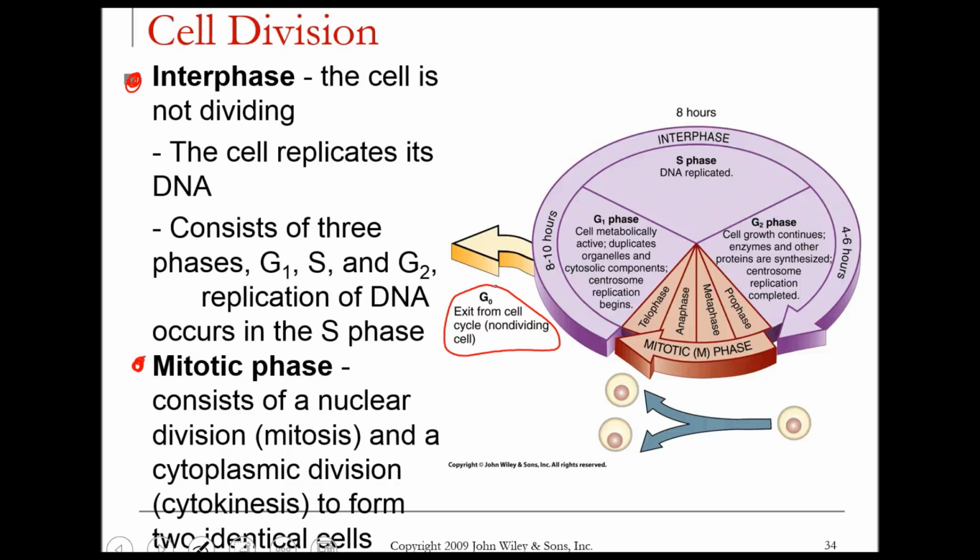The mitotic phase has two major events: mitosis itself, which is dividing the nucleus, and dividing the cytoplasm of the cell, which we call cytokinesis. By the end of the mitotic phase, we have finished both mitosis and cytokinesis, and we have two small new cells that then go directly into G1 of interphase.